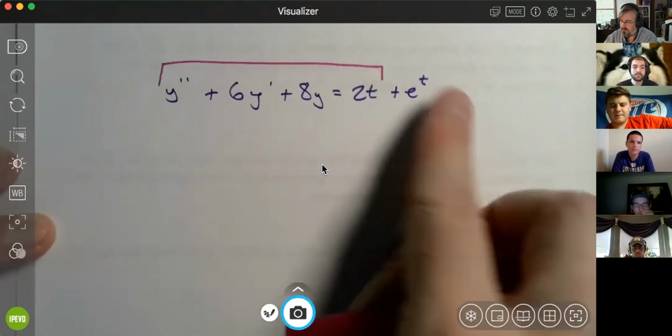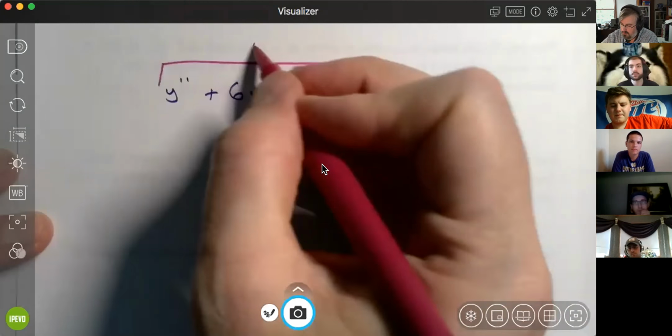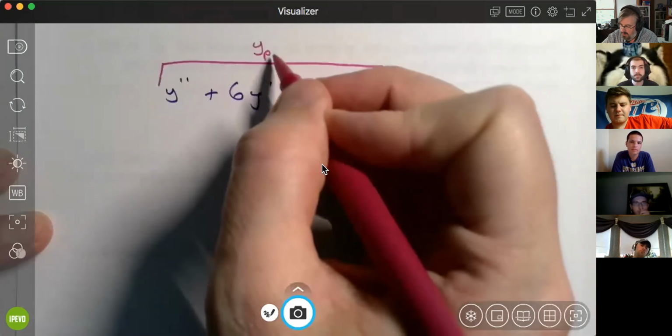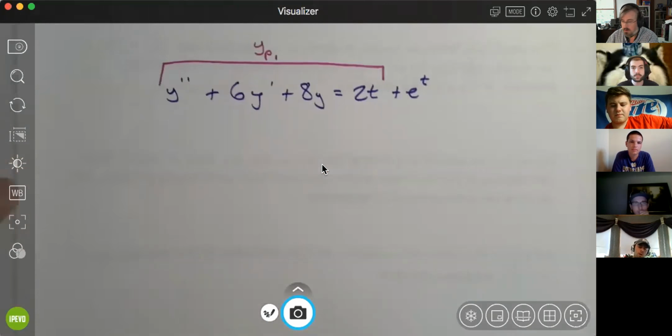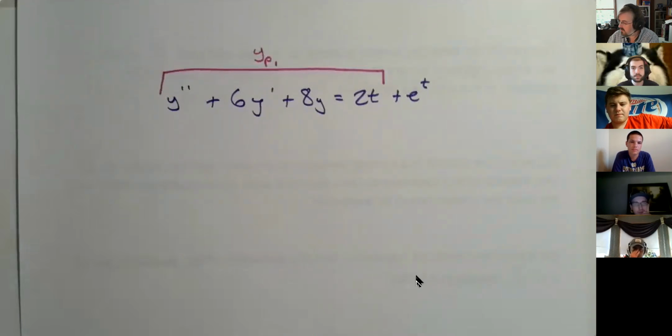solve the problem this way, ignore that, find the particular solution for this, call that y sub p1. And then if you wanted to, hold on, let me get rid of that, you don't need to see all that junk in there.